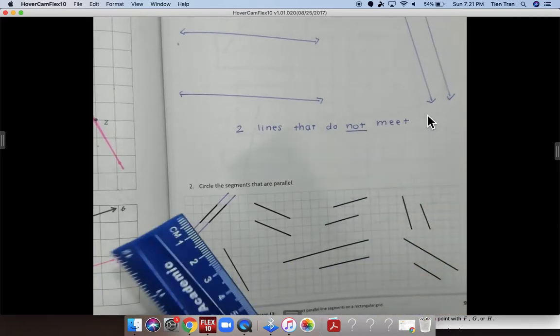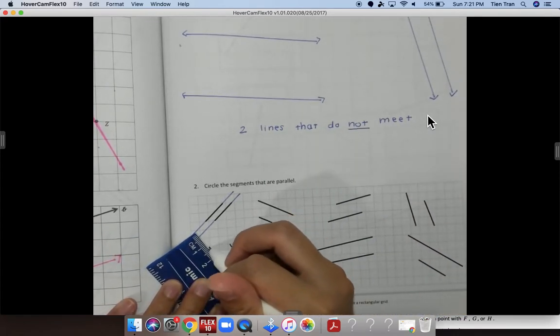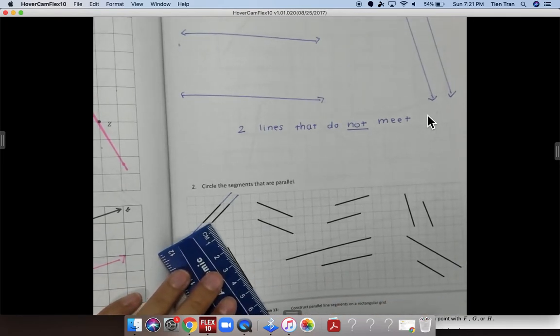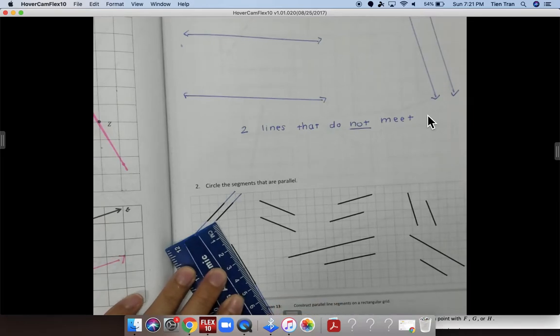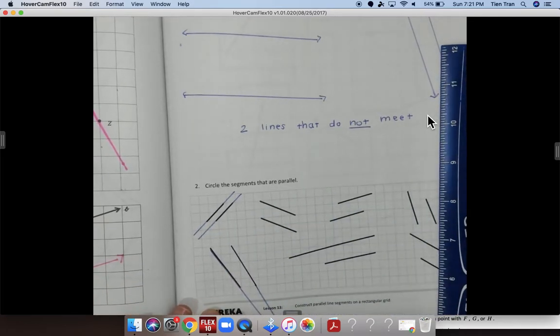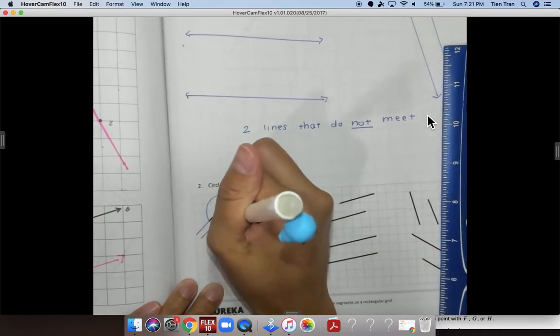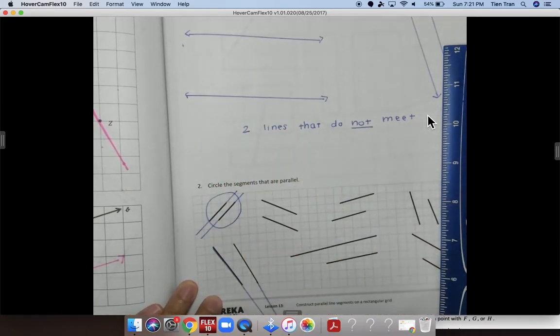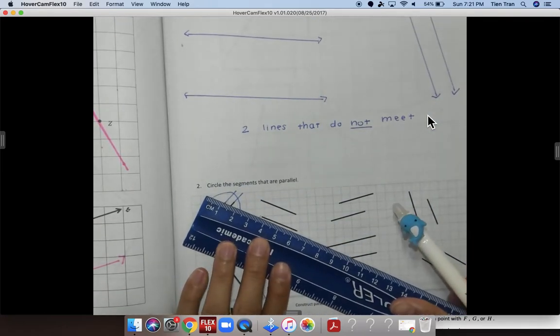Okay, and then over here, I'm going to extend this line, as well as the bottom. Okay, so this one right here is not a parallel line, so I'm not going to circle it. You can cross it off if you want to, or leave it alone. Over here, I'm pretty sure this one's a parallel line.